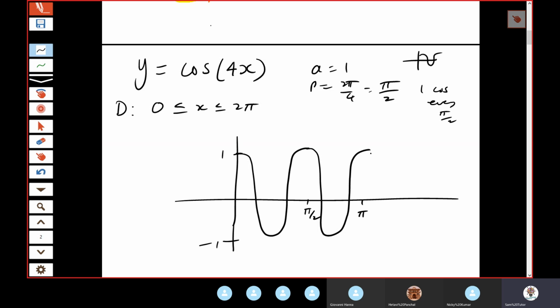That's pi. I'm going to run out, aren't I? That's half a pi, 1 pi, 1.5 pies. So 3 pi on 2. And 2 pi. Does that make sense?